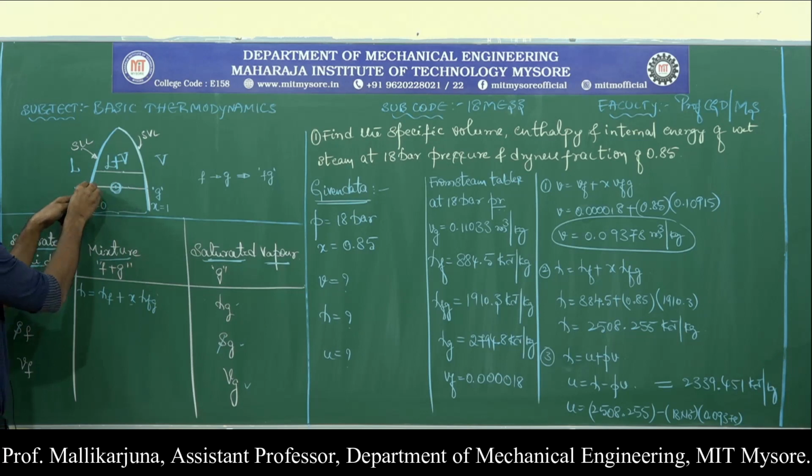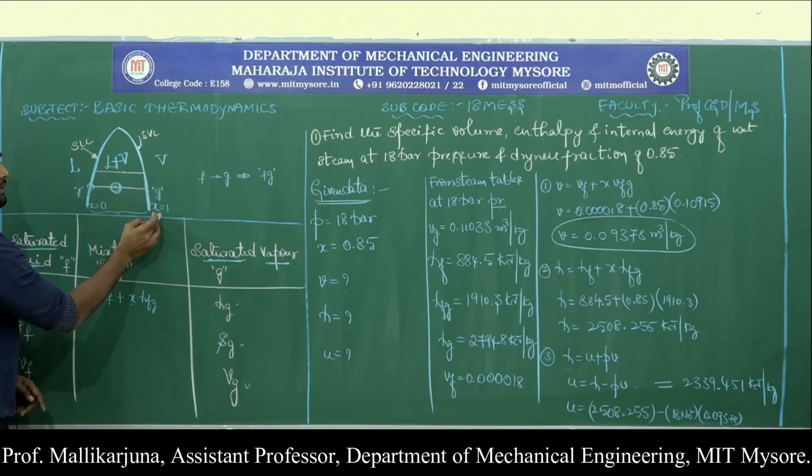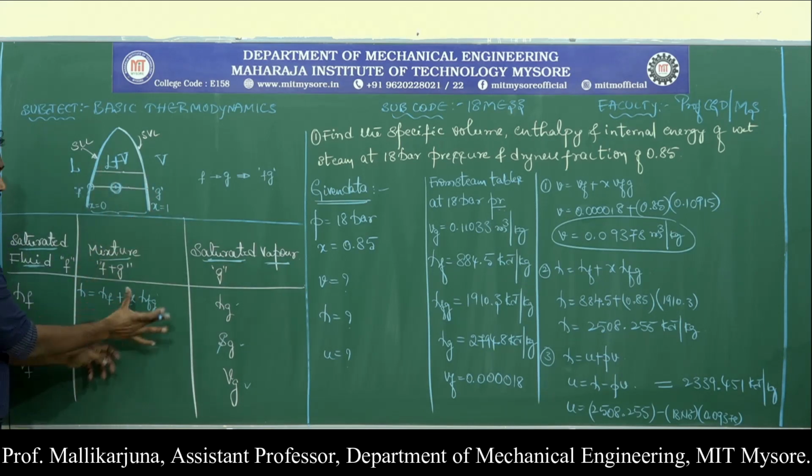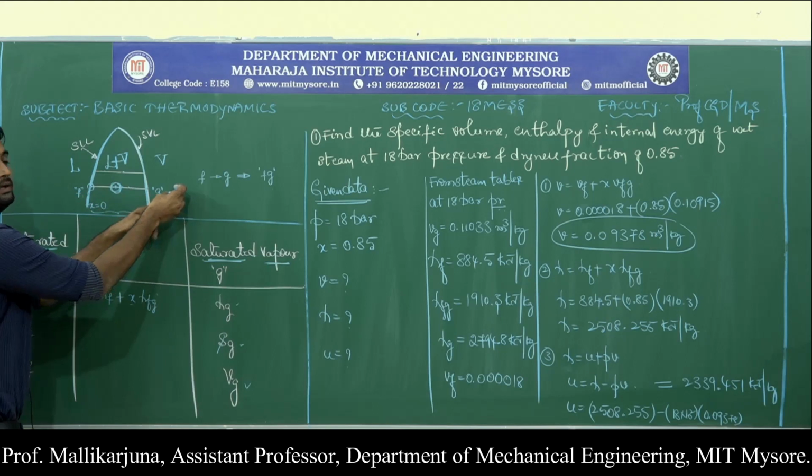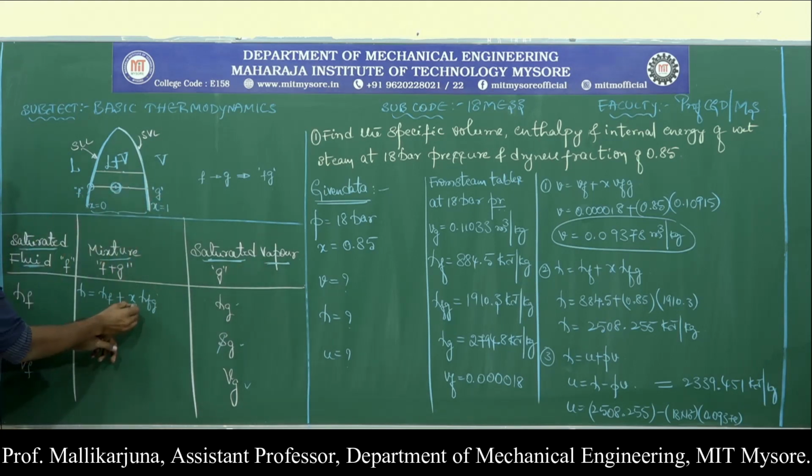If I am moving completely from f to g, what is the value of x? This becomes 1. Then it will be hf plus hfg, which is equal to hg. Since the x value is 1, hf plus hfg becomes hg.